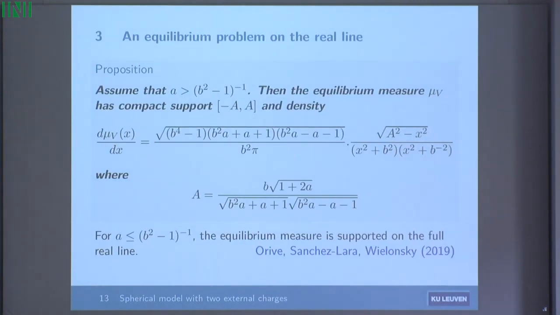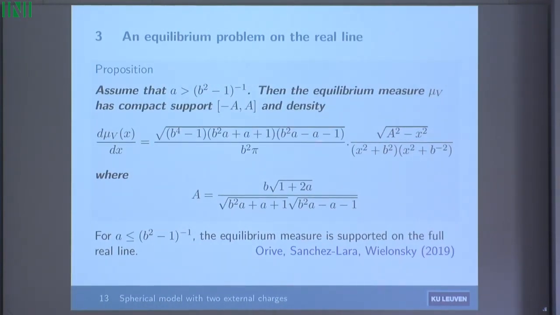It looks a bit horrible maybe, but the thing is that if a is larger than this critical value, depending on b, then the support is a compact interval minus capital A to capital A, and this is the formula for capital A. And if you're quick, you can see that this condition exactly means that this square root thing here is just positive, right? And otherwise you just believe me. And then on this interval there is a density for this equilibrium measure.